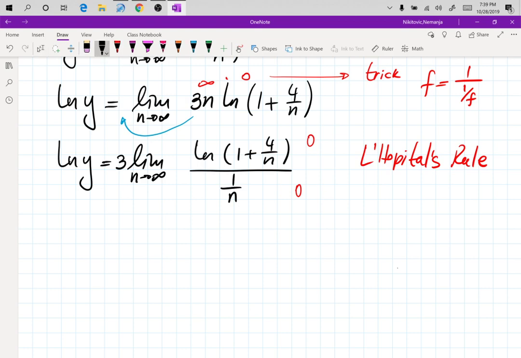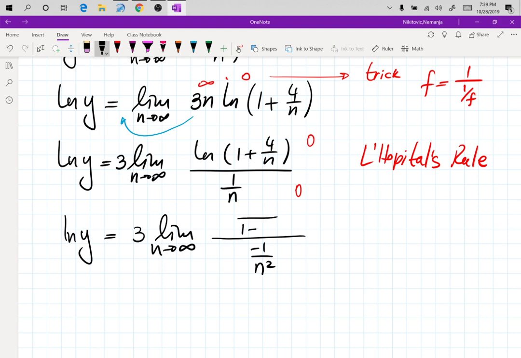Now we have ln y equal to 3 times the limit as n goes to infinity. And now I am taking two independent derivatives. The denominator is easy, negative 1 over n squared. In the numerator, I have ln, so I have 1 plus 4 over n, and then times the derivative, which is negative 4 over n squared.